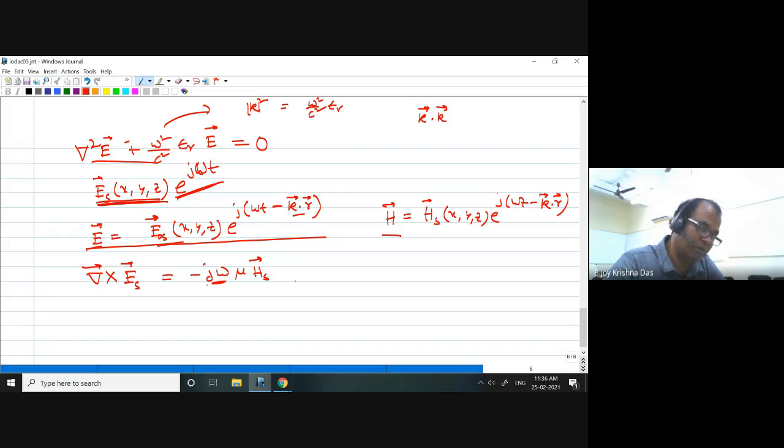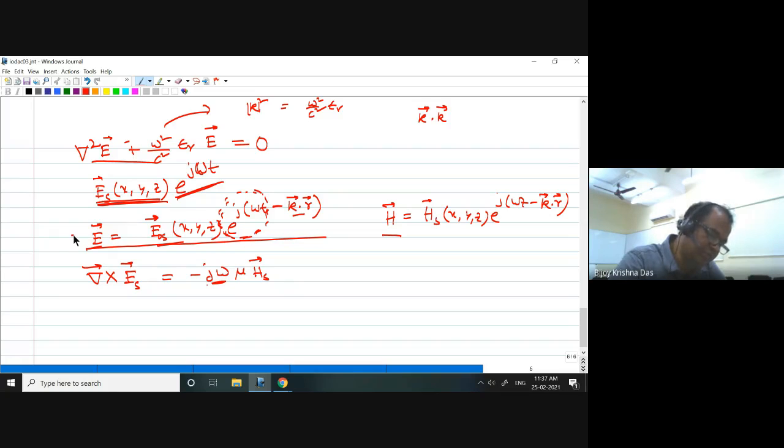Now my question is, instead of E you can write E_s, because e to the power j omega t is a factor on both sides, so without considering e to the power j omega t, since that time dependent part can be factored out, instead of del t I have just written minus j omega.